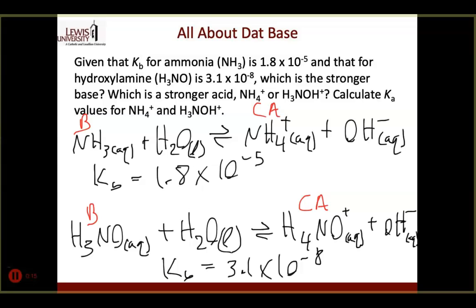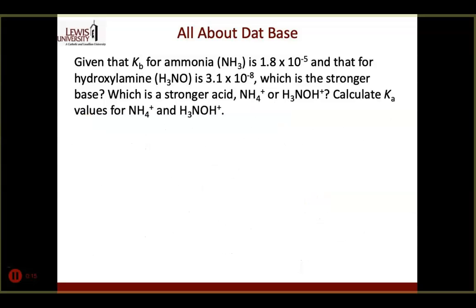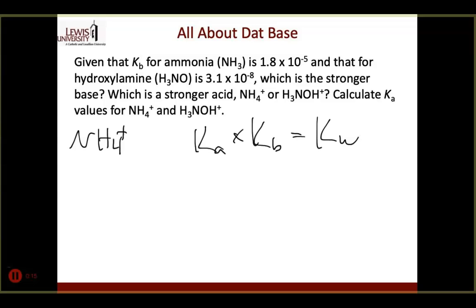One way we can find the Ka value is this: because ammonium, NH4 plus, is the conjugate pair of NH3, we know that the Ka value times the Kb value should equal the dissociation constant for water.